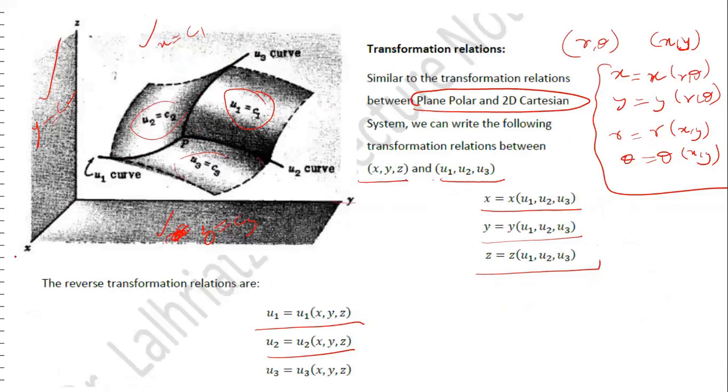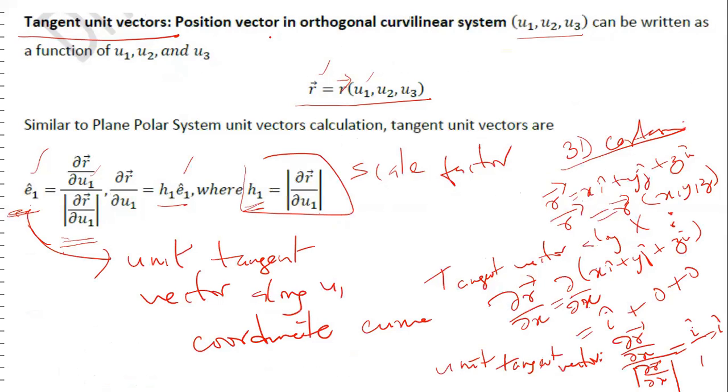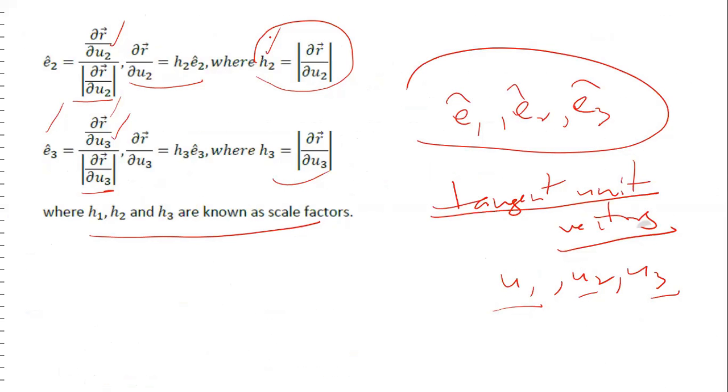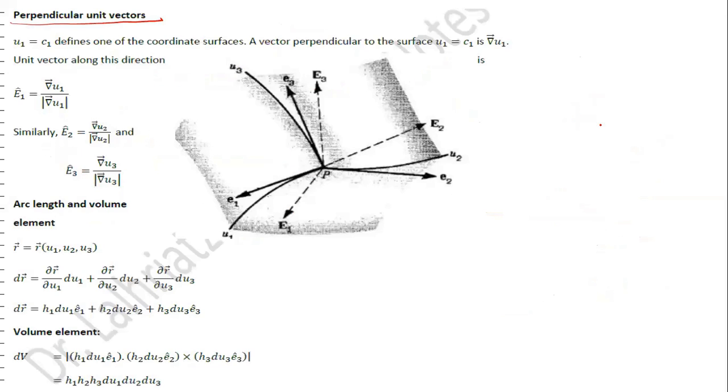Instead of x coordinate line, y coordinate line, z coordinate line, we have a u1 coordinate curve, u2 coordinate curve, u3 coordinate curve, and these are the tangent unit vectors. So we can also discuss what are called perpendicular unit vectors.